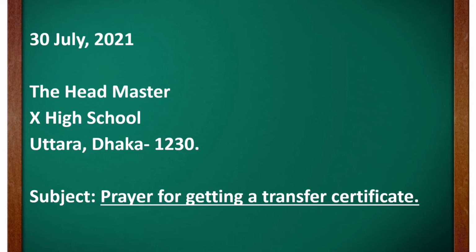Then the addressee, the headmaster, X High School. Then the address of the addressee, X High School, Uttara, Dhaka 1230. Then the subject is written, prayer for getting a transfer certificate. So this subject is started with the words prayer for.